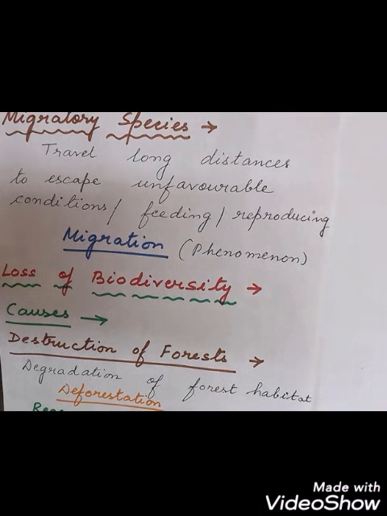They are becoming extinct, or they are facing extinction, that is, they are endangered. So loss of biodiversity is a leading environmental problem today. So now we will discuss what the causes of loss of biodiversity are.